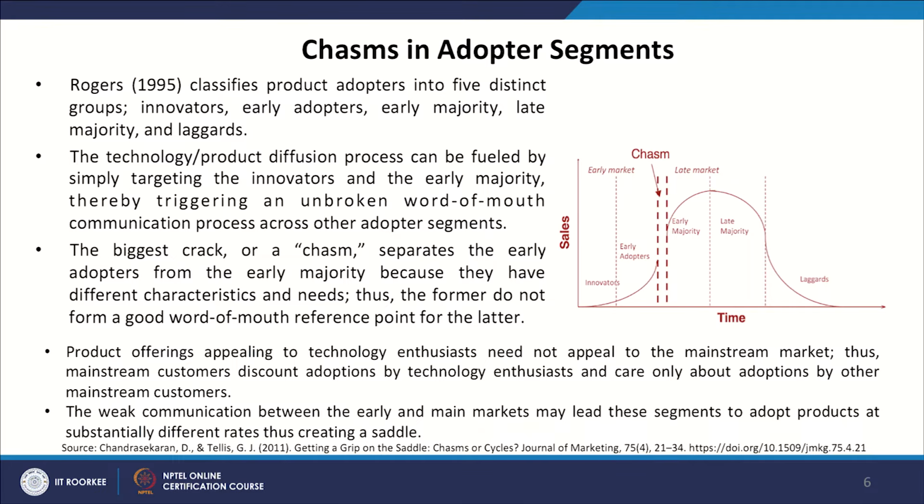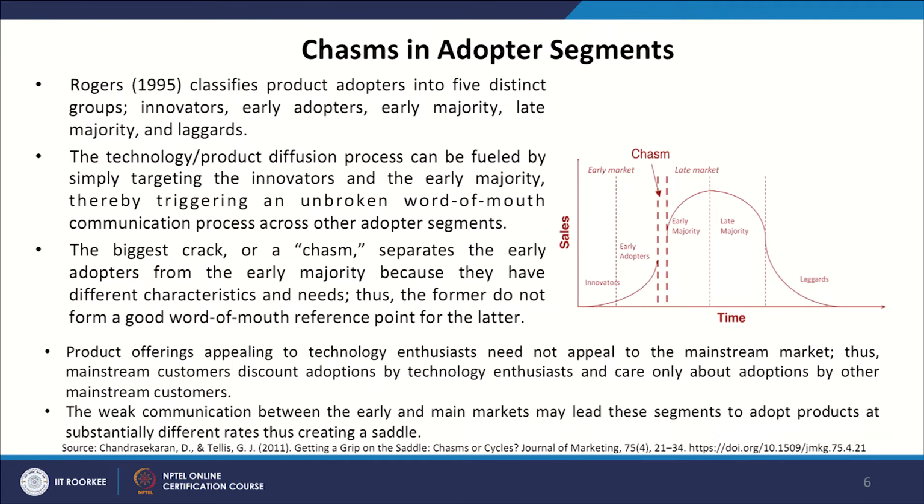The technology or product diffusion process can be fueled by simply targeting the innovators and the early majority, thereby triggering an unbroken word of mouth communication process across other adopter segments. The biggest crack, or chasm, separates the early adopters from the early majority because they have different characteristics and needs. Thus, the former do not form a good word of mouth reference point for the latter.